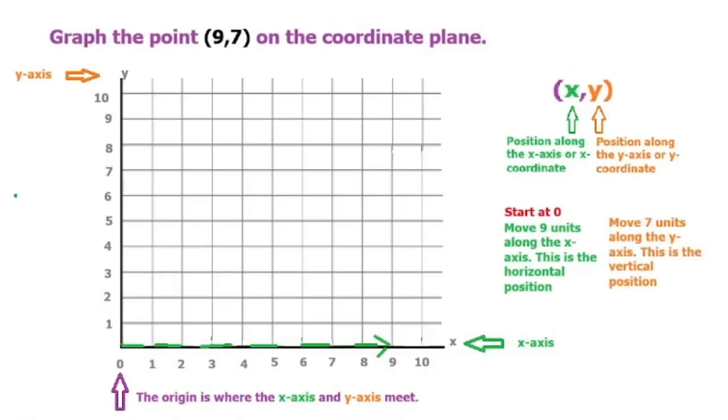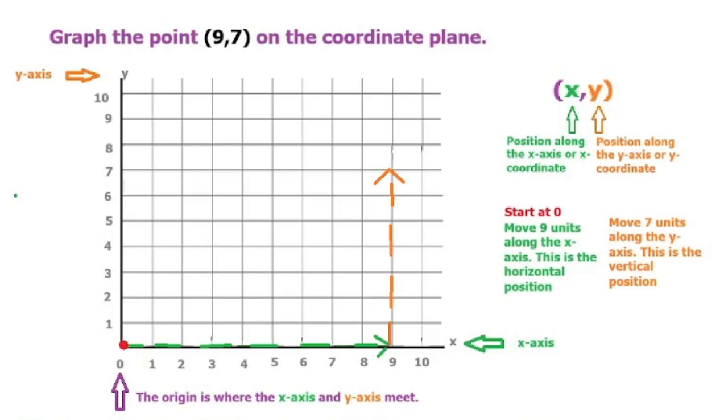Now for the Y, we move 7 units along the Y-axis. This is the vertical position. So that means we go up vertically up until we hit 7 on the Y-axis. So how would that look? It would look like this.